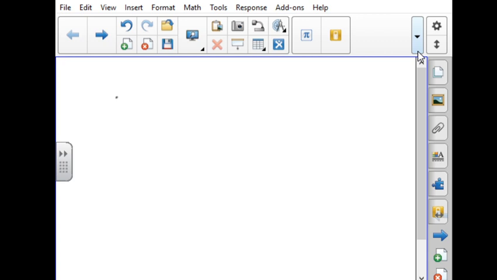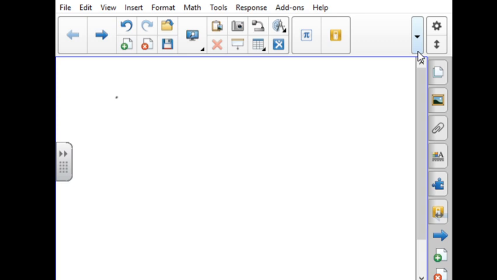Good morning, students. Yesterday we saw how to find the rank of a matrix using the minor method and row reduction method. We also saw how to find the inverse of a matrix using the Gauss-Jordan method.